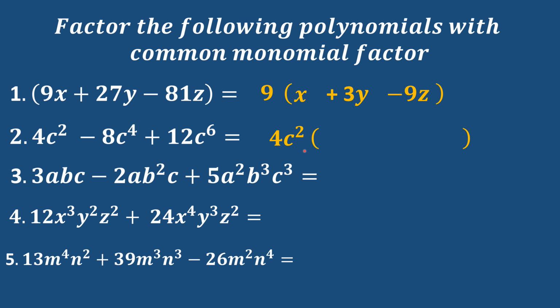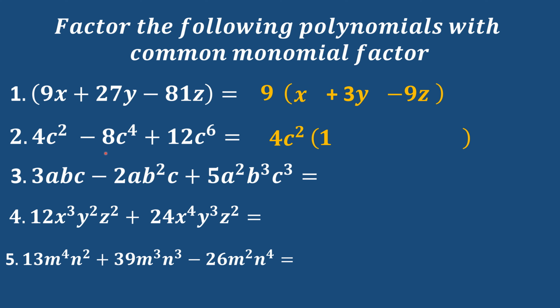So what are its other factors? We divide by our common monomial factor. So 4c squared divided by itself, of course, any number divided by that same number will always give us 1.